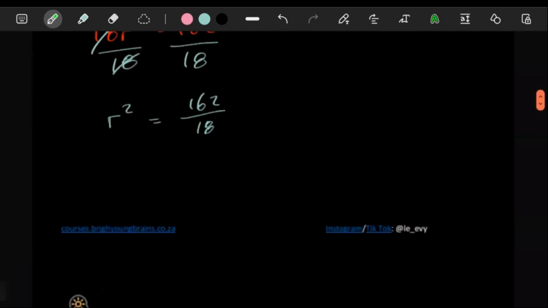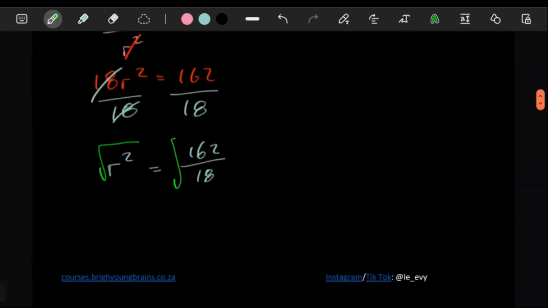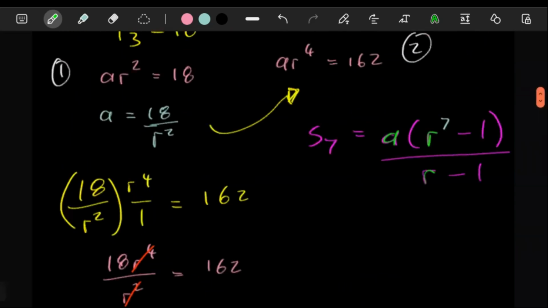So when we put this under a square root, we can put plus or minus, but we have to choose the negative value as the value of R, as they have just told us. In the beginning we did mention that we're likely to get 2 values, and then we just have to pick whichever one is negative. So here, 2 answers, but we have to pick the one that's negative.